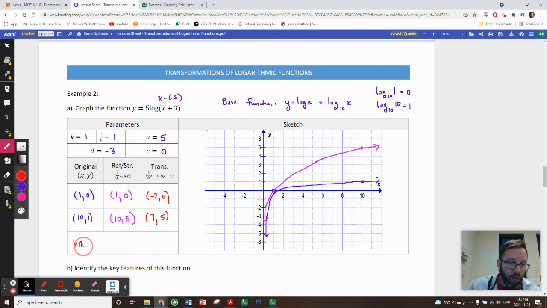The vertical asymptote was at x equals 0, but if we're shifting it left 3 units, it is now going to go to x equals -3. So let's draw that detail in, not just the anchor points, but where the asymptote is. (-2, 0) and (7, 5). So we applied the stretches and reflections first, and then we translated.